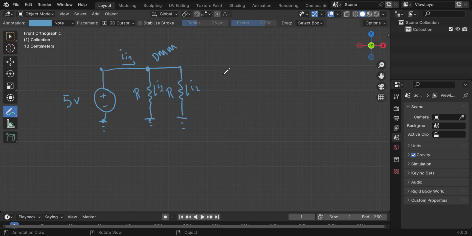If I have a device and I have some current I going in, no matter what that device is, could be as complex as a computer, could be just a straight wire, no matter what it is, whatever current comes in is going to be the same current coming out.